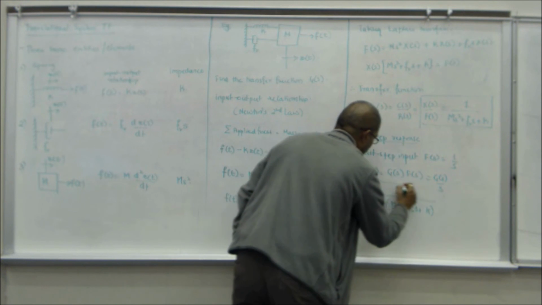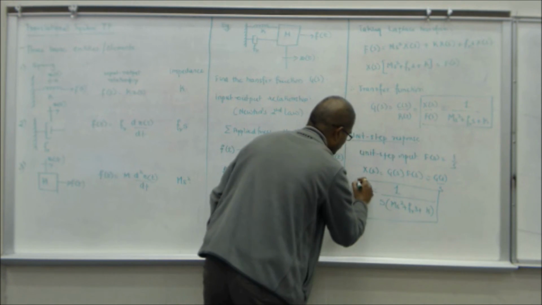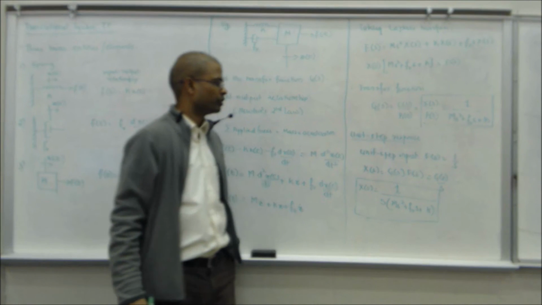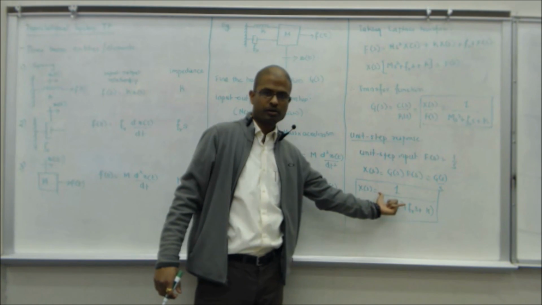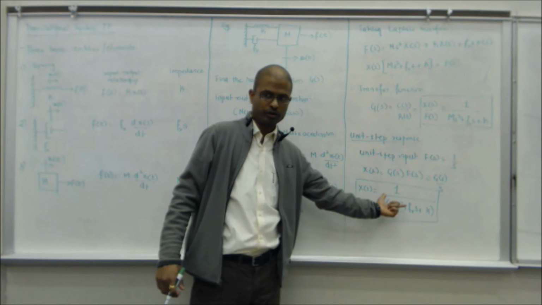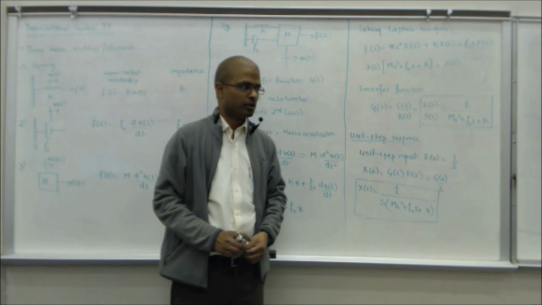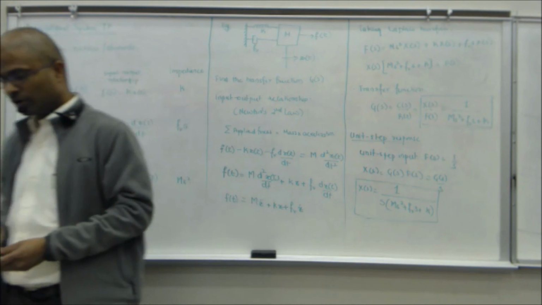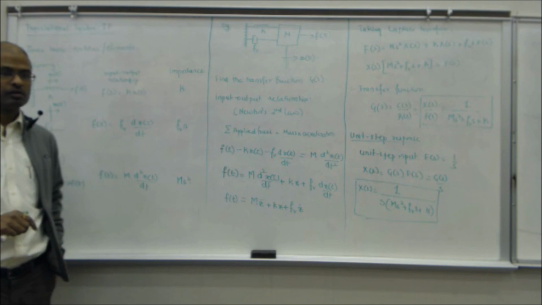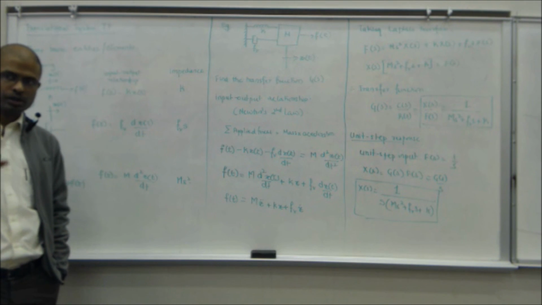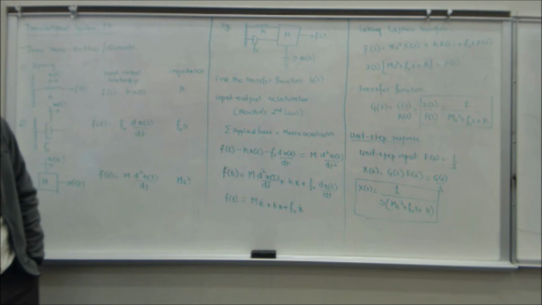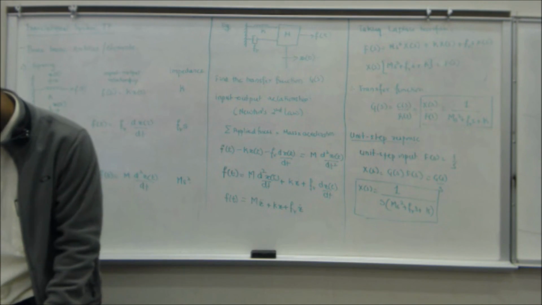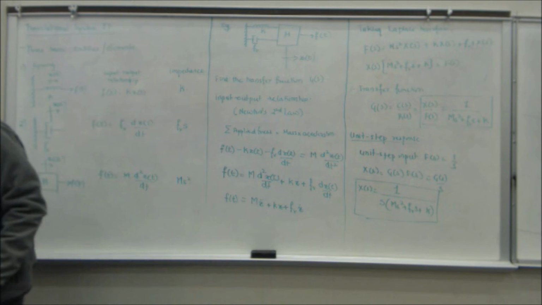You just need to give me this line. If I say unit step response and you give me this, you will get your 2 points. Just 1 over s: multiply the system transfer function by 1 over s for a unit step response. I think we'll stop here.